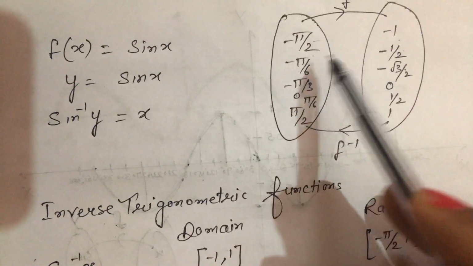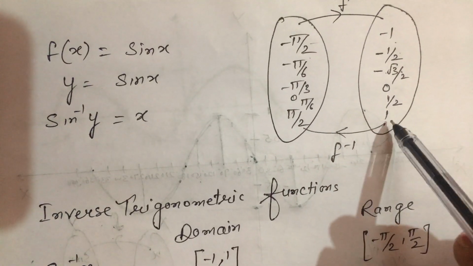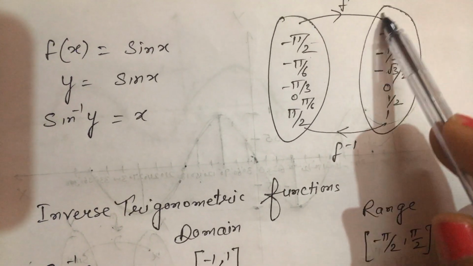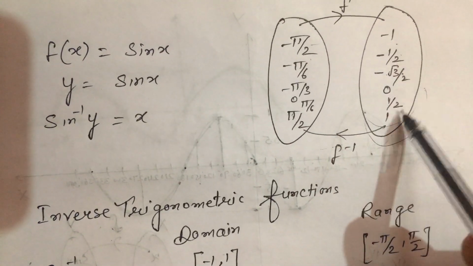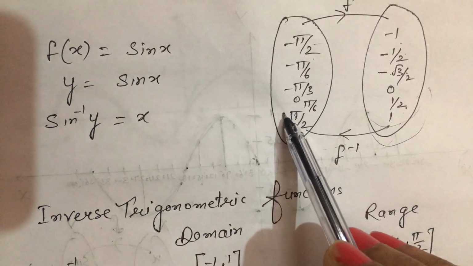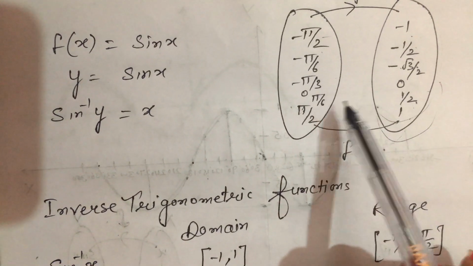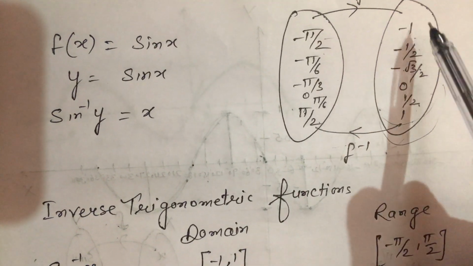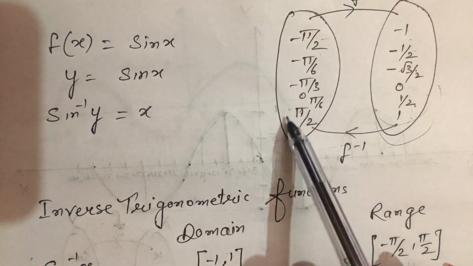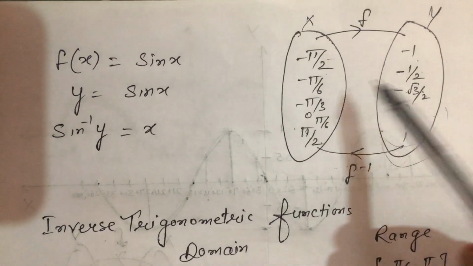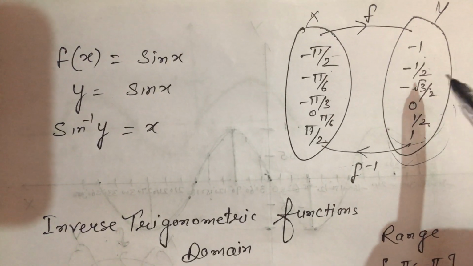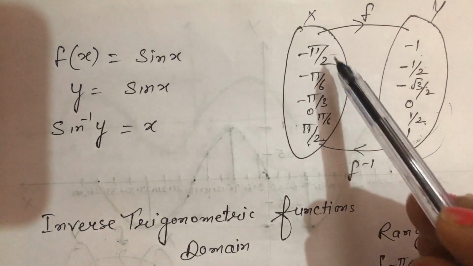So this one is a 1-1 function, and onto means every element of the second set has a pre-image in X. That is, no element should be left without a pre-image; then we call it an onto function. So if a function is bijective, meaning 1-1 and onto, then it has an inverse.